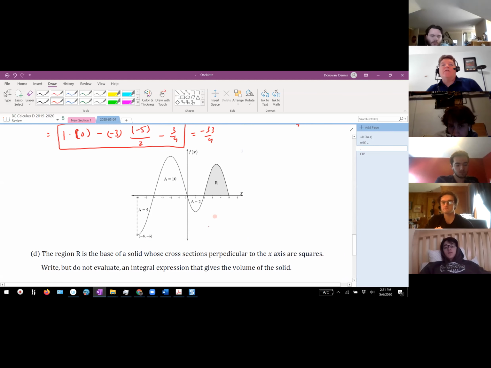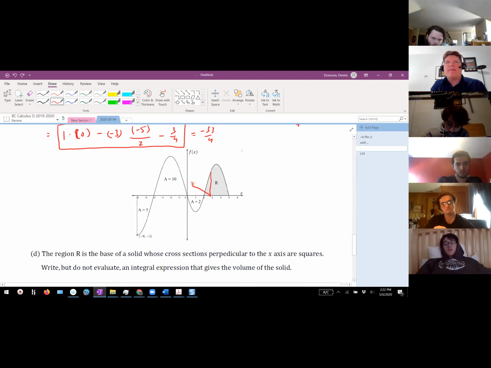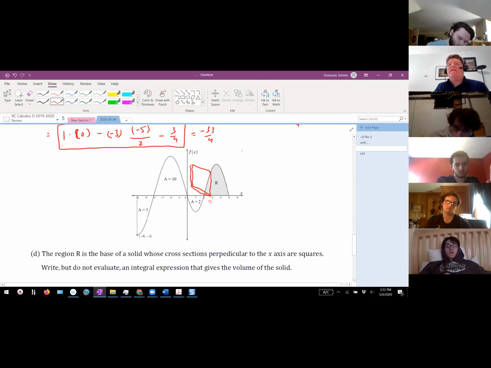All right. So here we have a cross-section perpendicular to the x-axis, squares, but do not evaluate an integral expression. So we have squares popping up out of the board. What's the width of that slice? dx.